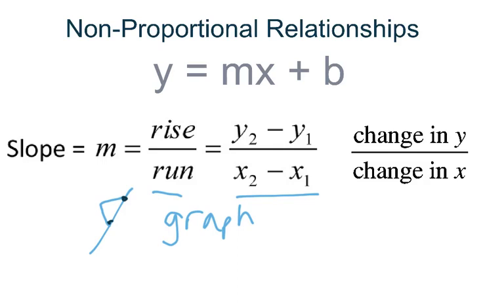The slope formula is also helpful if we are using tables, because again, we can take that x value and that y value and plug them in. But also for tables, we can use the change in y and change in x, and I'll show you what that looks like in our examples for today.